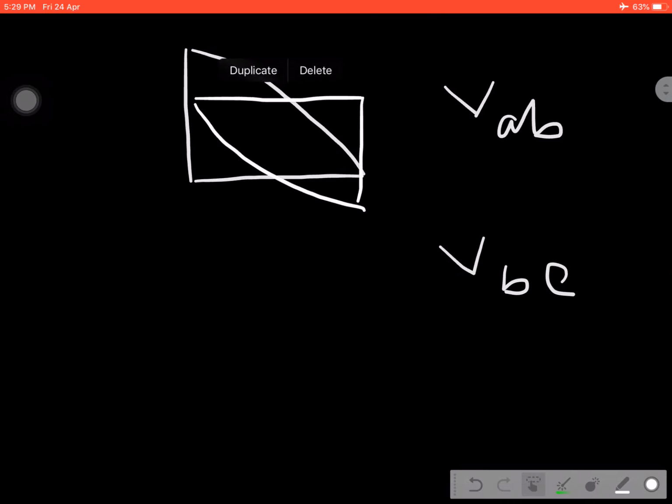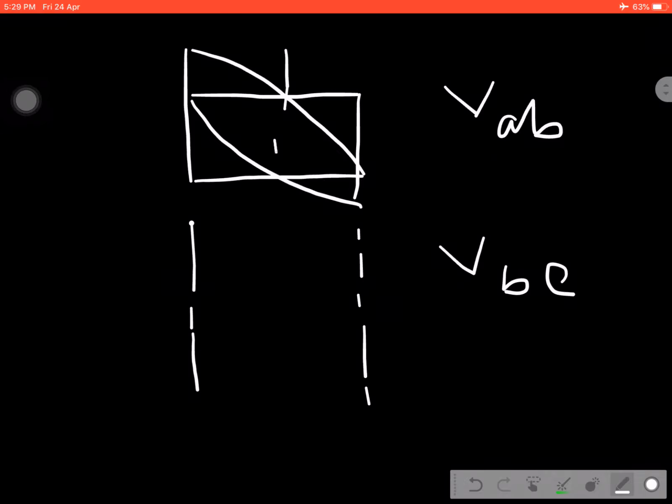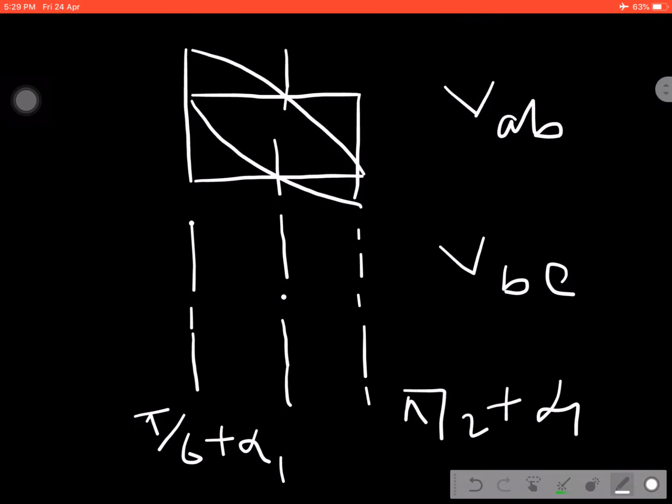Whenever we add these two signals in the same region, what happens? In the same time duration, we are taking the middle half of the two axes. This axis is pi by 6 plus alpha 1 to pi by 2 plus alpha 1.